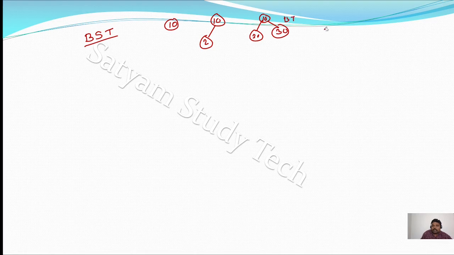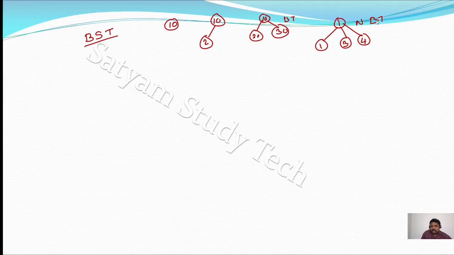Now you can see here a node with three children, for example 1, 2, 3 and 4, but this tree is not a binary tree.